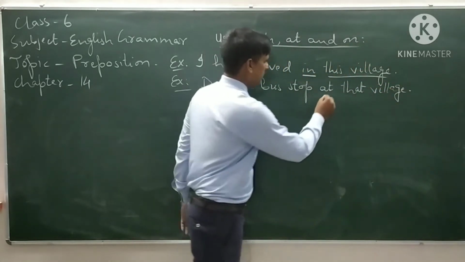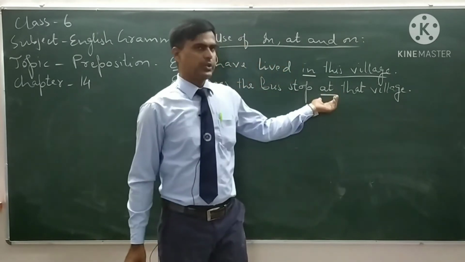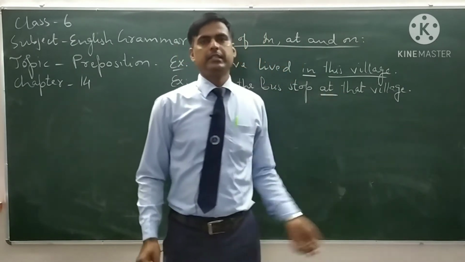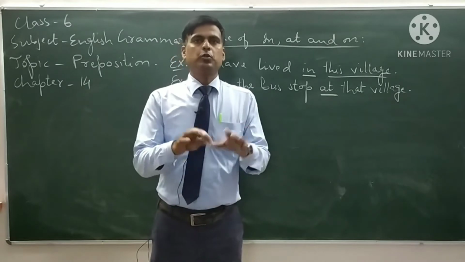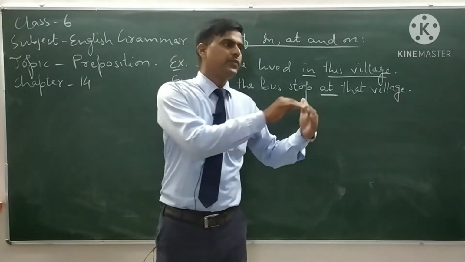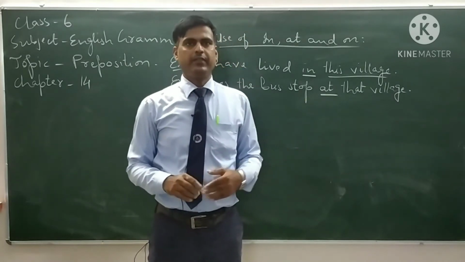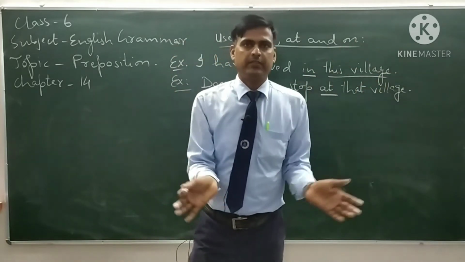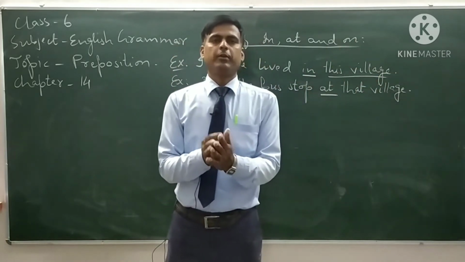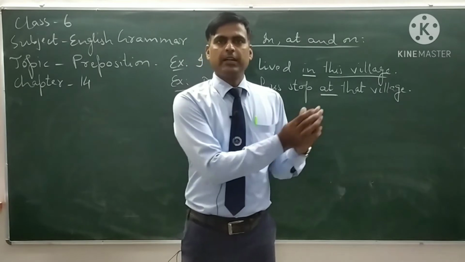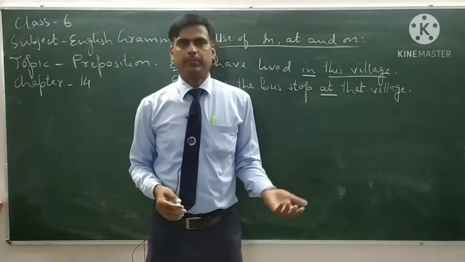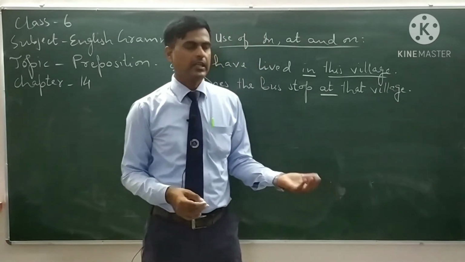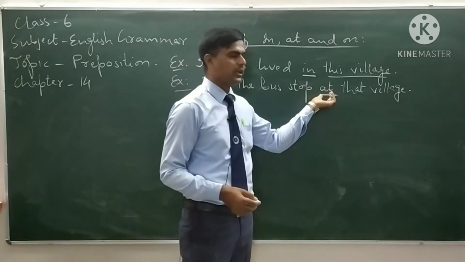We use at here because we are going to show the point of a journey only for that village. We are not going to talk about the area of that village, but about the point of journey at a special place of that village. That's why we have used at here.